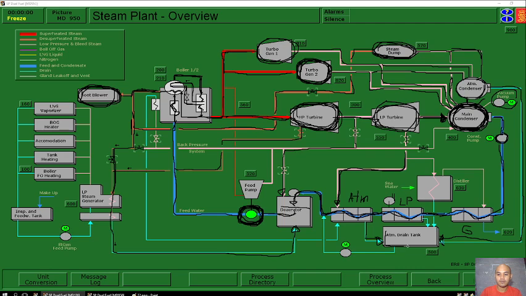And then from the atmospheric drain tank, we have a motor driven pump that will supply the water back to the aerator also. So this is the back pressure line.